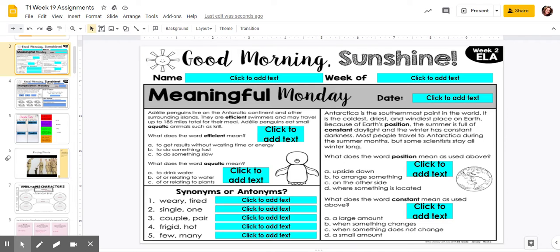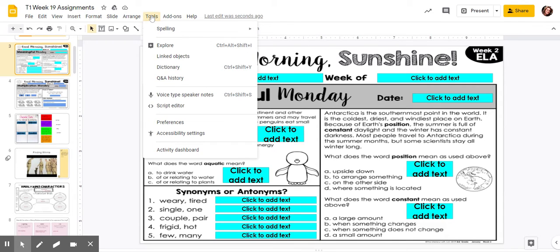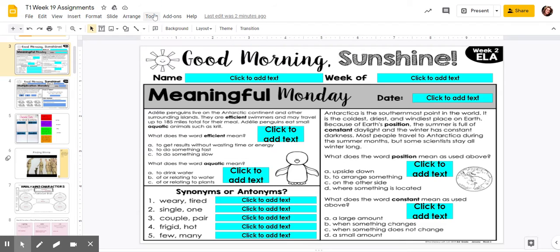If you're unable to figure out the meaning of the word using context clues, then go to Tools and Dictionary, and you can type in the word and look for the meaning that way. A lot of words have more than one meaning, so read all of the definitions and decide which one makes the most sense as the word is used in the sentence.